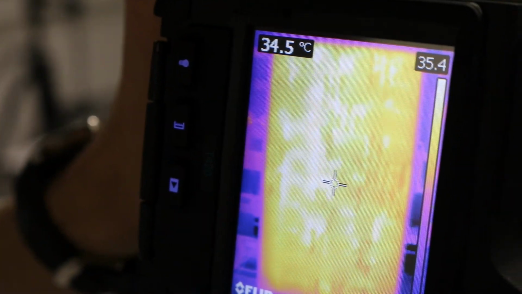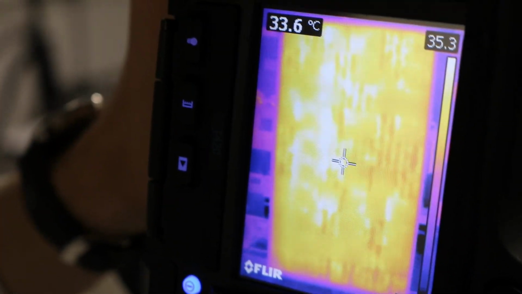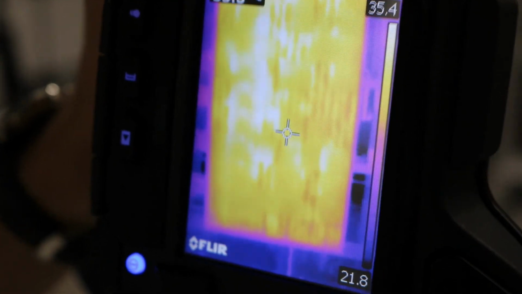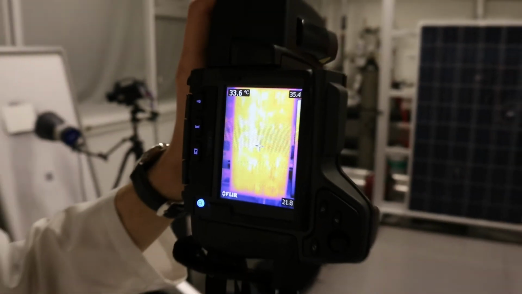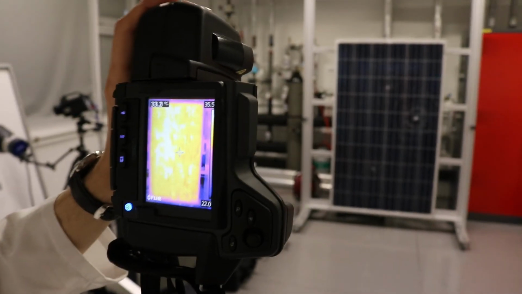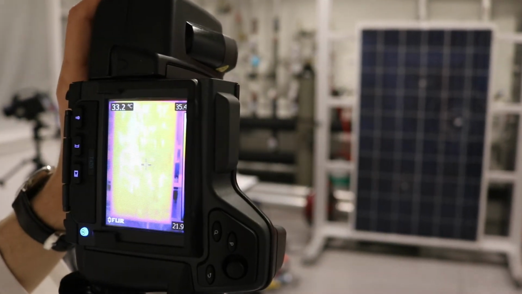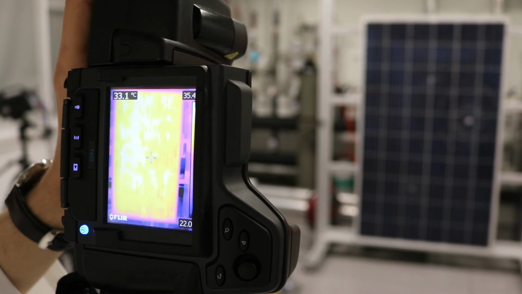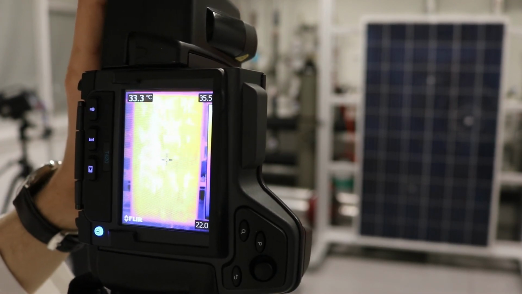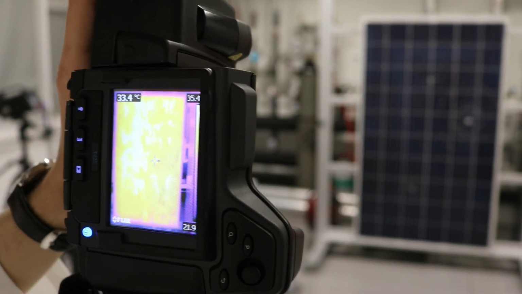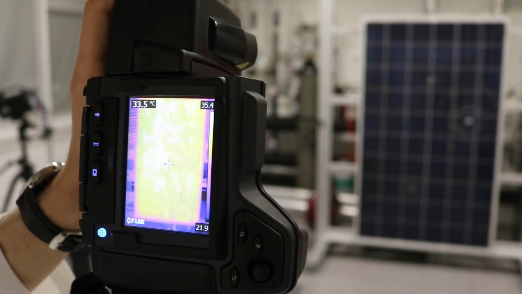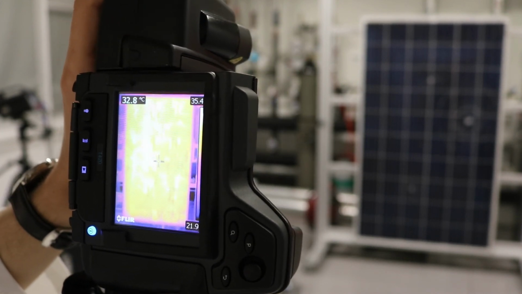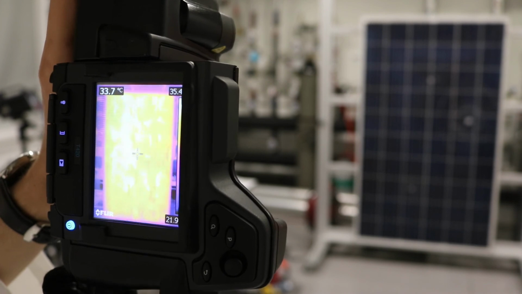Microcracks which don't strongly influence the current flow, we probably wouldn't have seen.